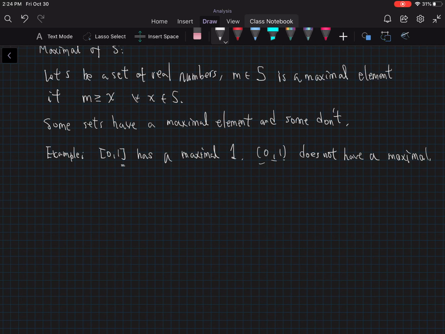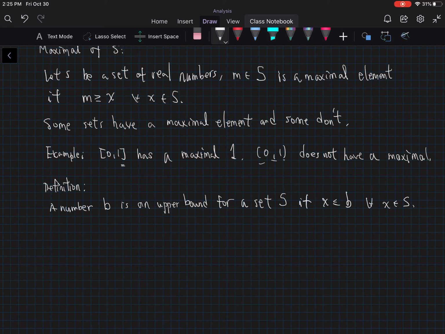So here's a formal definition of a supremum. A number B is an upper bound for a set S if x is less than or equal to B for all x belonging to S. Let's look at it visually.